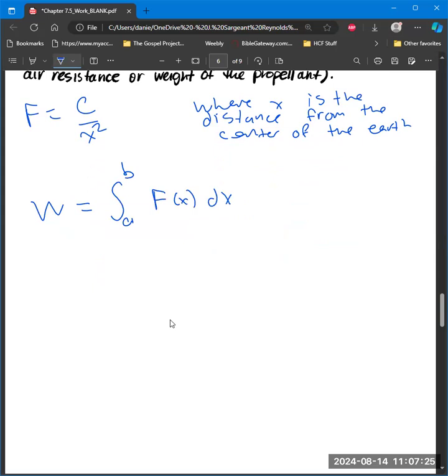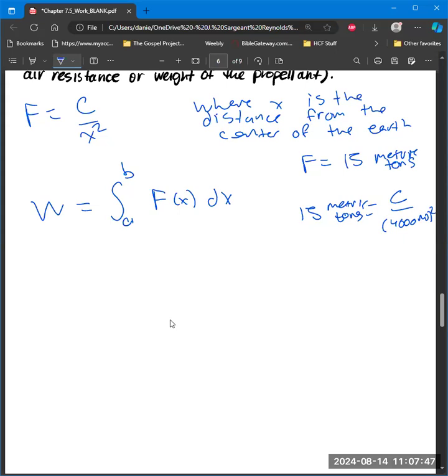So our force here is 15 metric tons. So 15 metric tons is equal to C over 4,000 miles squared.